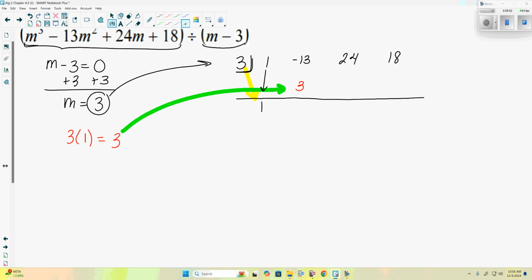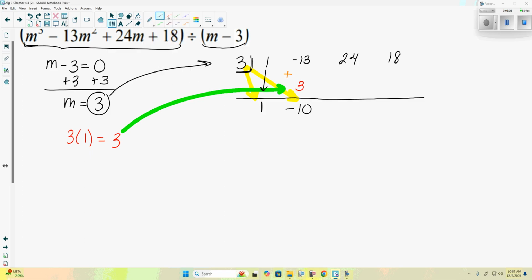Our next part of this is we're going to add straight down. So negative 13 plus 3 is negative 10. Then we're going to multiply again.